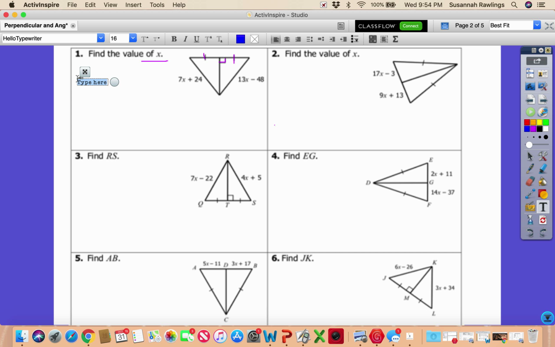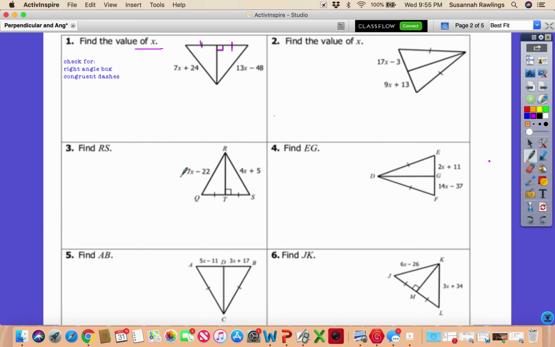So we want to check for a right angle, and we know that it's a right angle by the box, and then also my congruent marks, or my congruent dashes. We want to see both of those things to determine it's a perpendicular bisector.